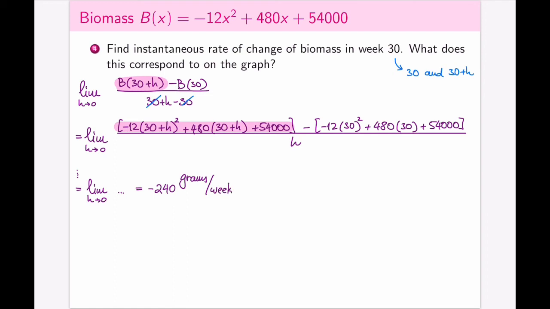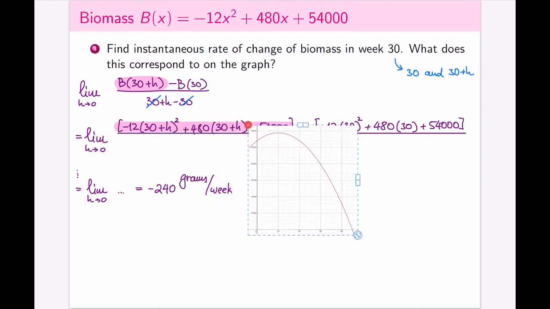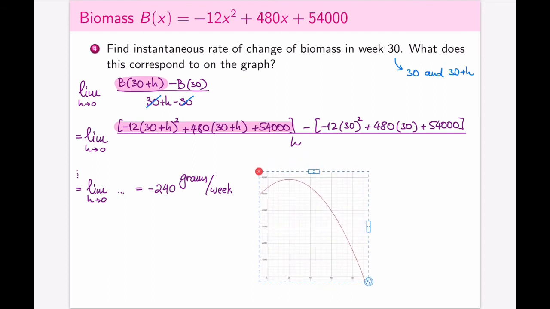Okay, so that means that in week 30, the biomass is now decreasing, because it's negative, at the rate of 240 grams per week. Okay, what does this correspond to on the graph? Let's pull up our graph once again here. Here's my graph that I have acquired from Desmos.